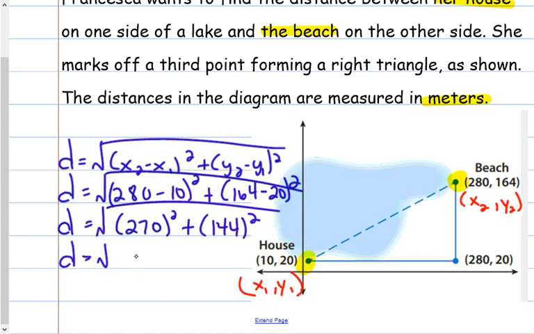Here come your big numbers. We have 270 squared, which is 72,900, plus 144 squared, and that is 20,736. Go ahead and add those together.